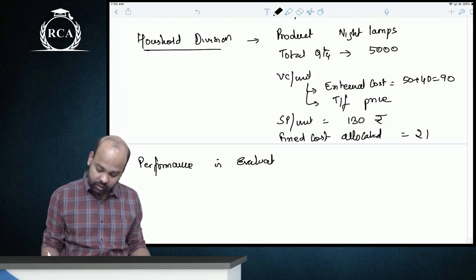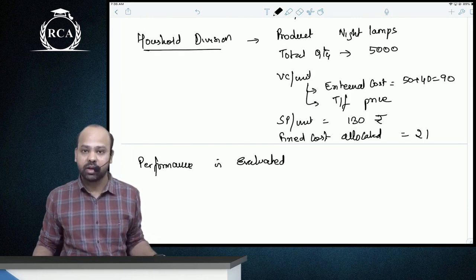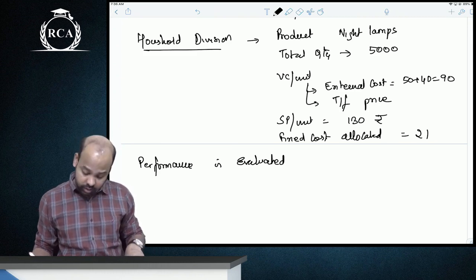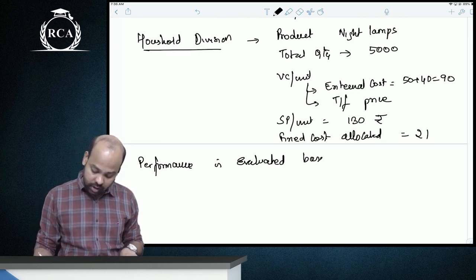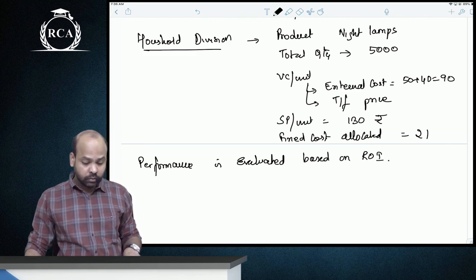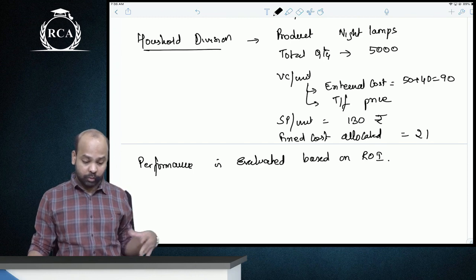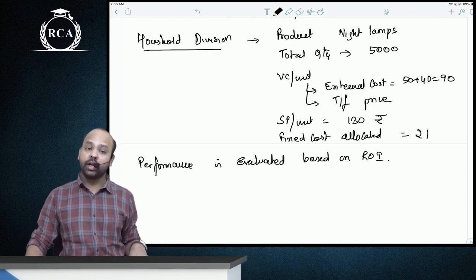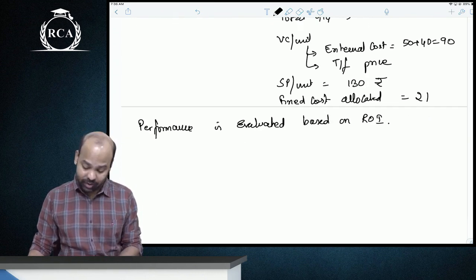It is not that these divisions are working as cost centers. If they were working as cost centers, they would have no problem directly transferring at cost. One more important point that they've given us is that there are experienced workers that household division wants to retain.